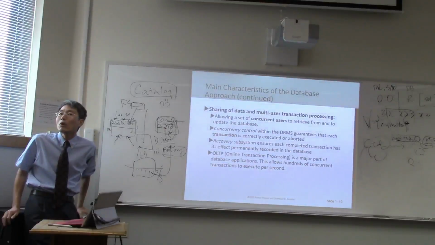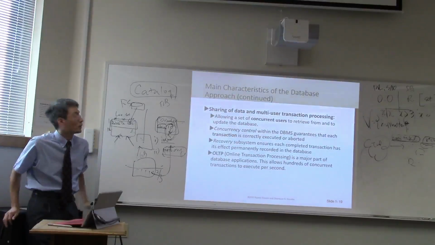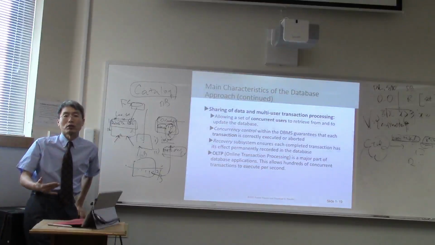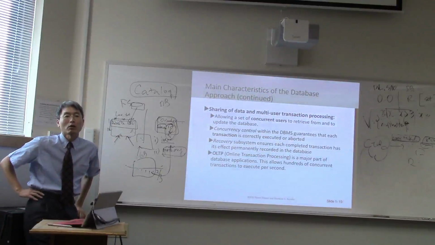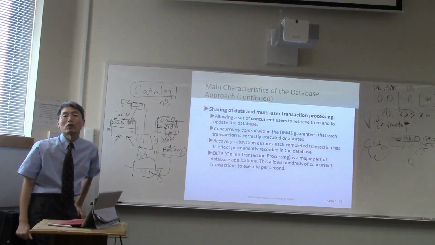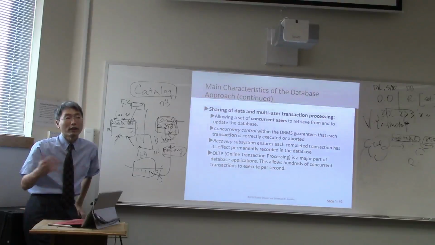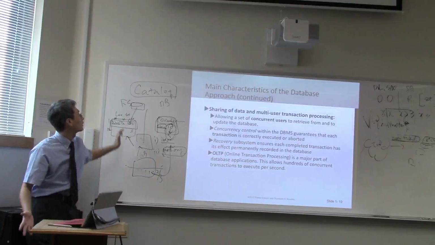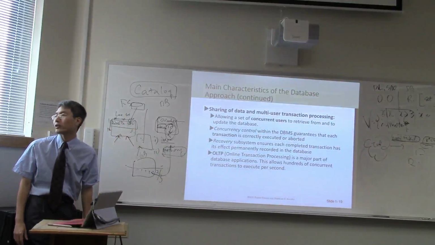No. The other transaction will open this file only as read-only. It's the same thing in Microsoft Word or PowerPoint. When I double-click the same chapter 1 document at the same time, the next one will be a read-only file. Why? Because it doesn't support multiple transactions.